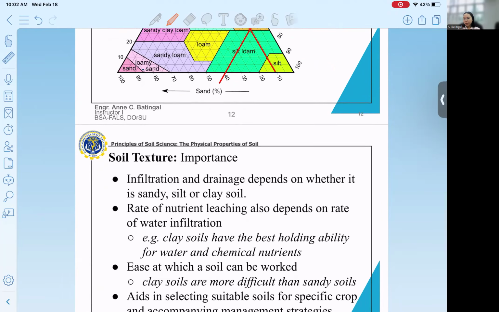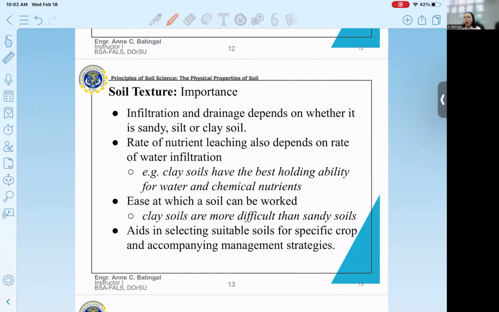Okay, so what is the importance of soil texture? The knowledge of soil texture and crop requirement of soil enables growers to select suitable soils and land for the crop. Soil texture affects infiltration and drainage because these properties depend on whether it is sandy, silt, or clay soil.